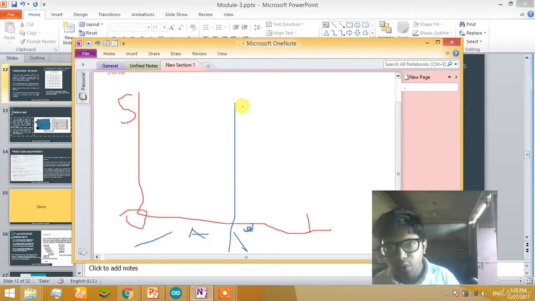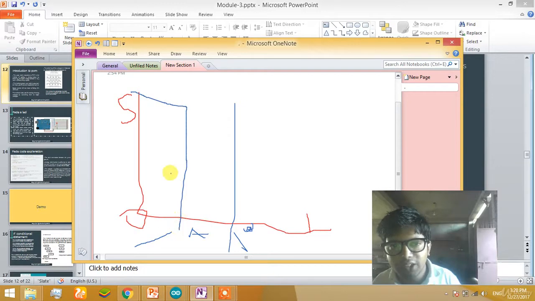But if the PWM gives a value of only 50%, or you can say it was high for only 5 millisecond and low for the next 5 millisecond, then the duty cycle is 50%. So it will give a value equal to 1023 divided by 2, an analog value of 511.5, or 512.